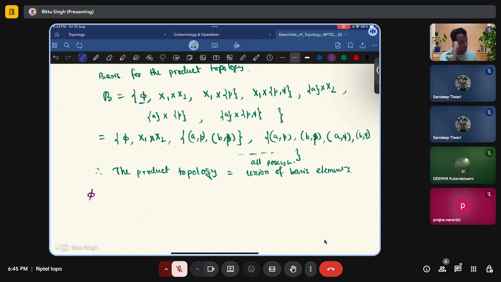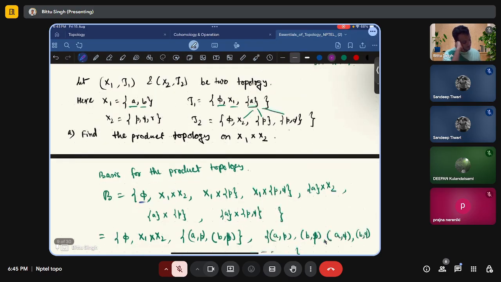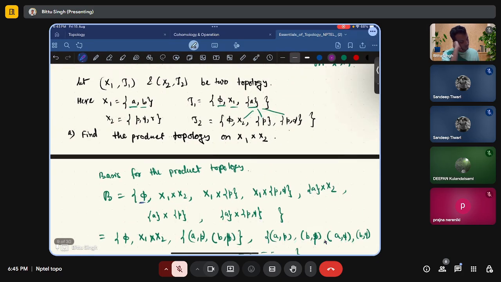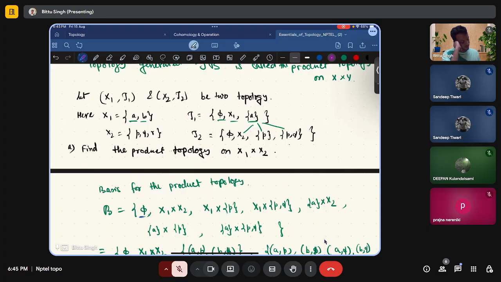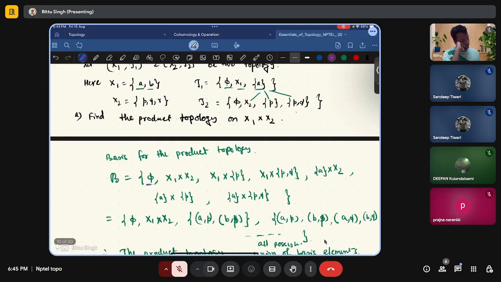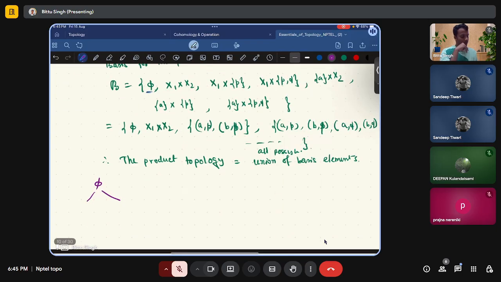Empty is always smaller. Now the last thing will be x1 cross x2.